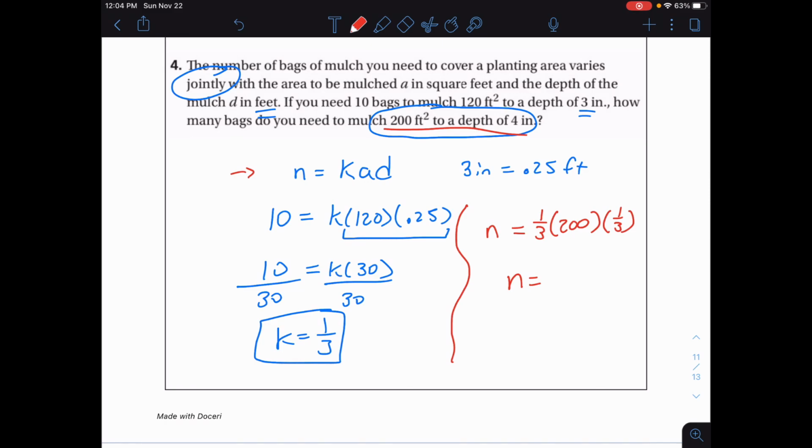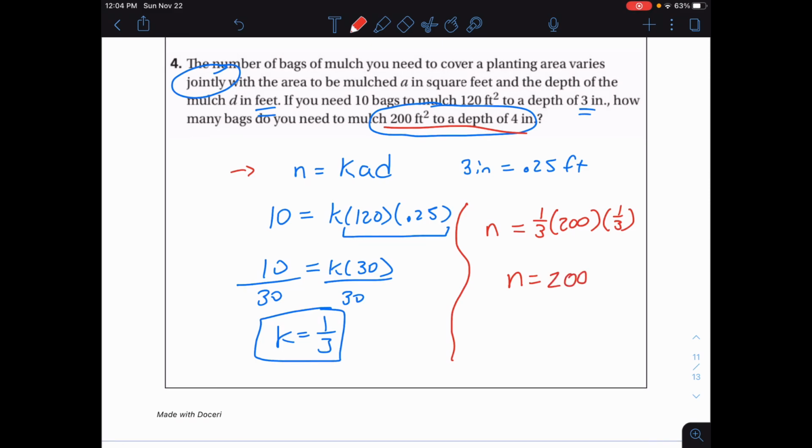And so ideally what we get here when we multiply this out is 22.2 bags of mulch. So essentially they would need at least 23 bags.